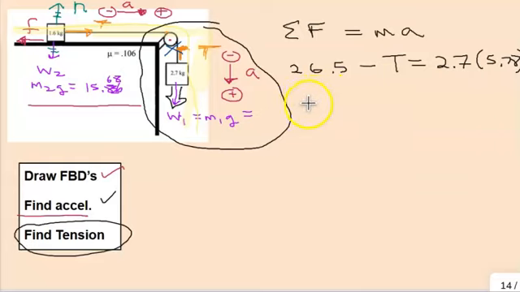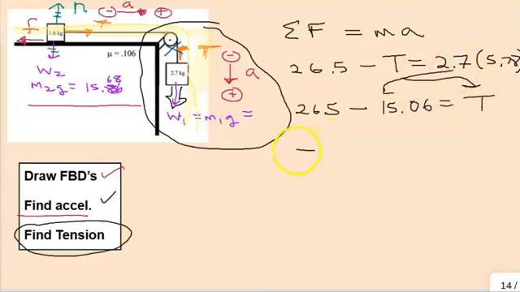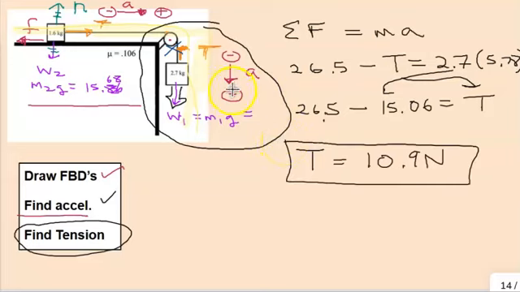Okay, so 26.5 minus this ends up being 15.06 equals tension. So I brought that over to that side, and I brought this over to that side. So tension equals 10.9 newtons.